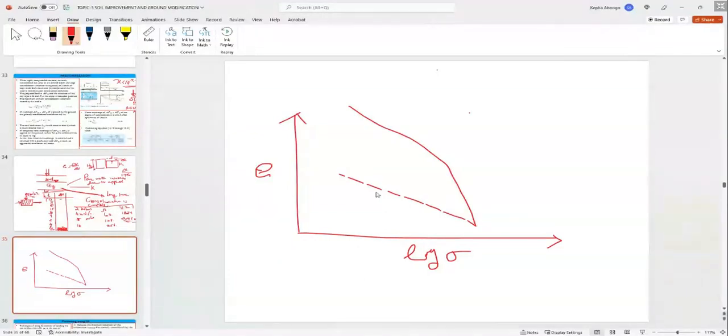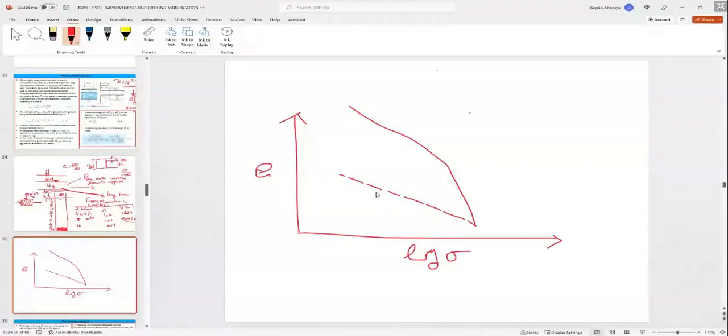Okay. How do you get the initial void ratio?